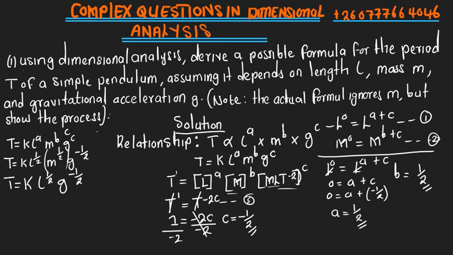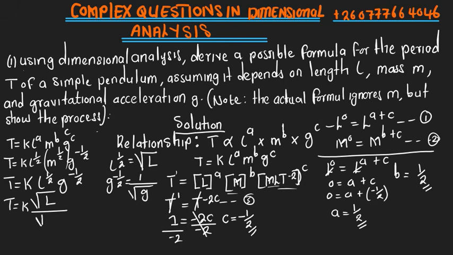Now notice that L to the power 1 over 2 can also be written as the square root of L. And G to the power negative 1 over 2 can also be written as 1 over the square root of G. So this can also be written as K, the square root of L over the square root of G.